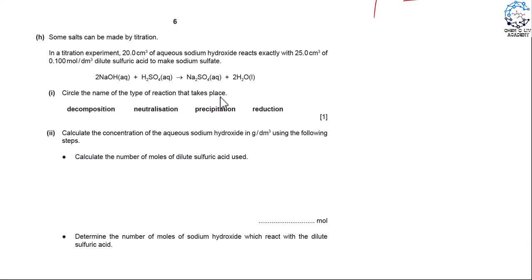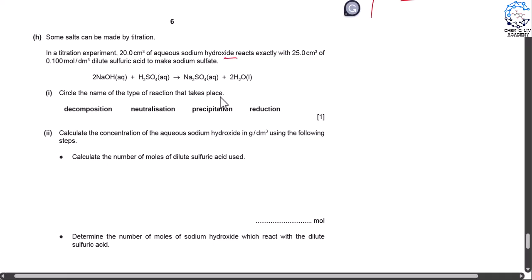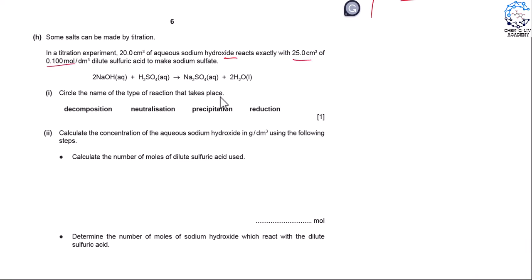20 centimeter cube of aqueous sodium hydroxide reacts with exactly 25 centimeter cube of 0.1 mole per decimeter cube dilute sulfuric acid. Okay, so circle the name of the type of the reaction. It's a neutralization reaction, an acid and base reaction. Okay, calculate the number of moles of dilute sulfuric acid used.